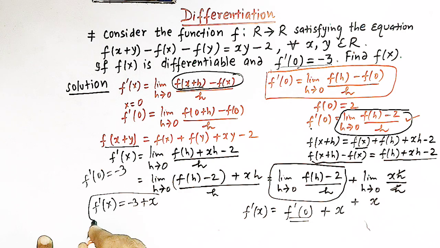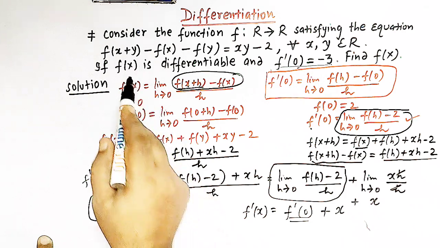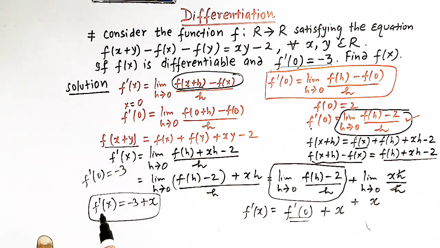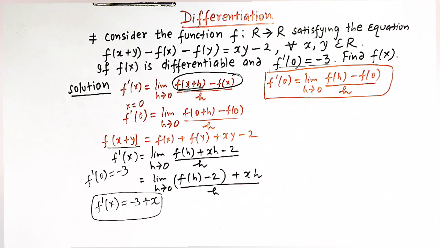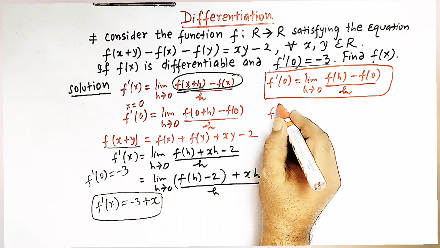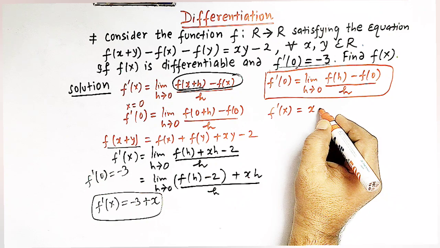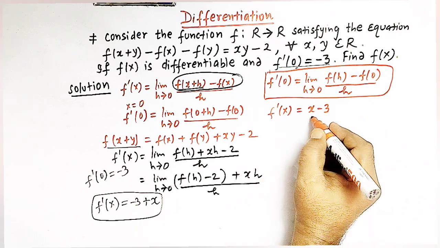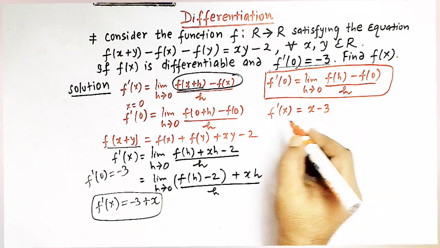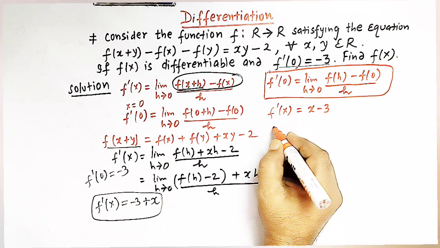So now the derivative of the function f of x, that is f prime of x, is equal to minus 3 plus x. So now this expression is a differential equation, that is f prime of x is equal to x minus 3. So here we have a linear function, and here the derivative of f of x.